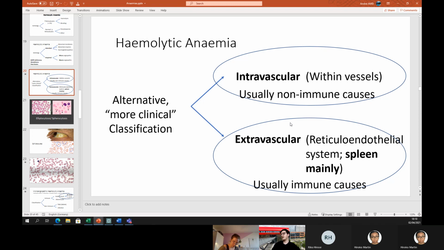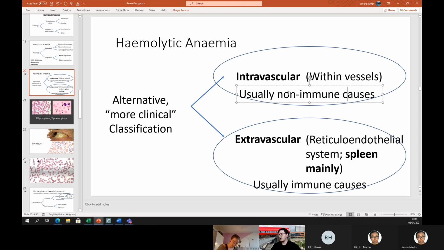And the reason I'm putting this classification up as well is because if you have intravascular hemolytic anemia, the cause is, but not always, usually non-immune. Non-immune meaning that there's no antibodies or complement involved.